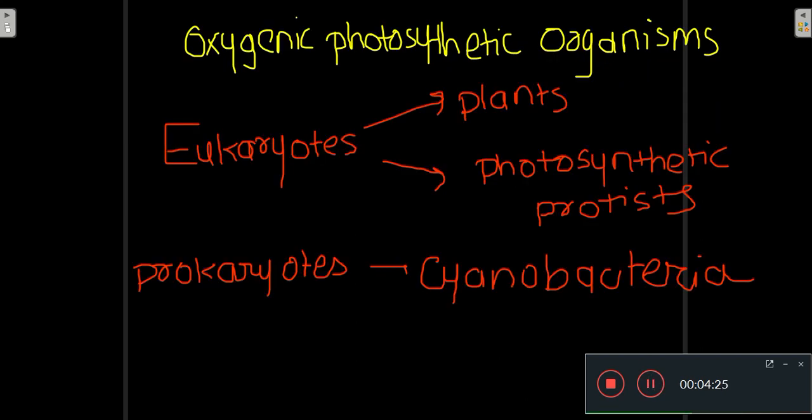So let's look at examples of oxygenic photosynthetic organisms. In eukaryotes the examples are plants and photosynthetic protists, and in prokaryotes you have cyanobacteria. So plants, photosynthetic protists and cyanobacteria are all oxygenic photosynthetic organisms.